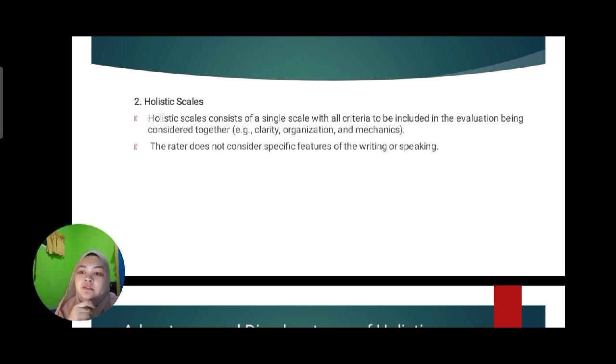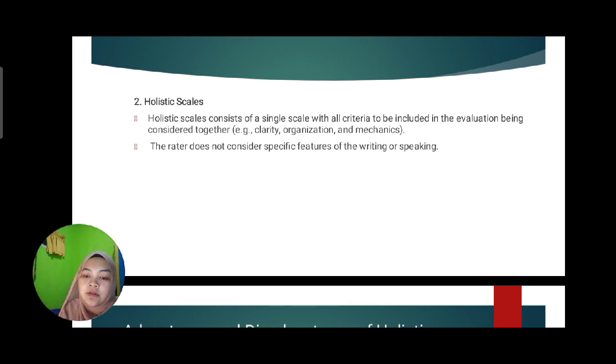Okay, so the holistic rubrics. With holistic rubrics, the rater assigns a single score that is usually from 1 to 4 or 1 to 6 points, based on an overall judgment of the student's work.